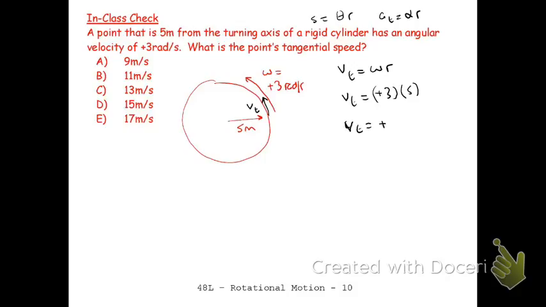Vt is equal to +15 meters per second. How did I stop myself from making that mistake? I looked at what I wrote down. I'm grading my physics 2 people. I got some people that are refusing to put down anything to the left of the equal sign.